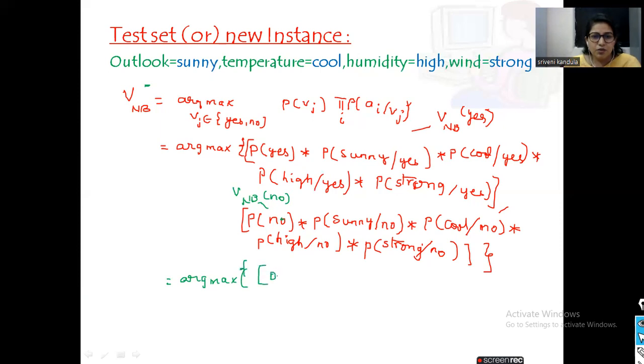P of S is 0.64 that we computed, and then P of Sunny given S is 2 by 9, P of Cool given S is 3 by 9, P of High given S is 4 by 9, and P of Strong given S is 3 by 9. We are taking these values from the conditional probabilities that we calculated earlier.